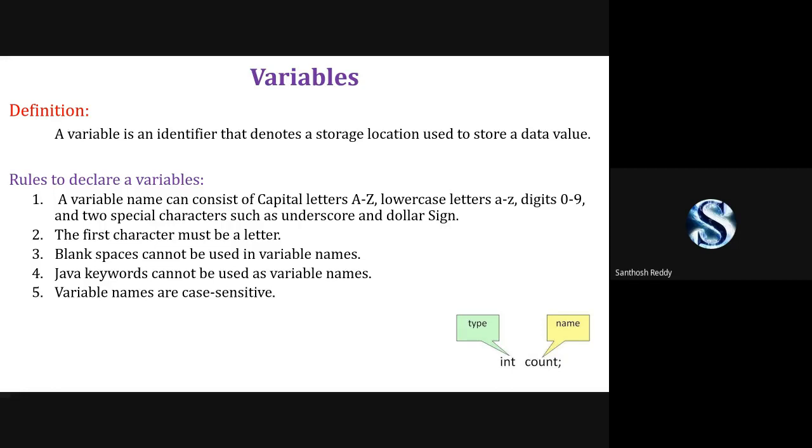In between, you can have 2 special characters, such as underscore and the dollar sign. The first character must be a letter or underscore. Next, blank spaces cannot be used in the variable. Java keywords cannot be used as variable names. Variable names are case sensitive.